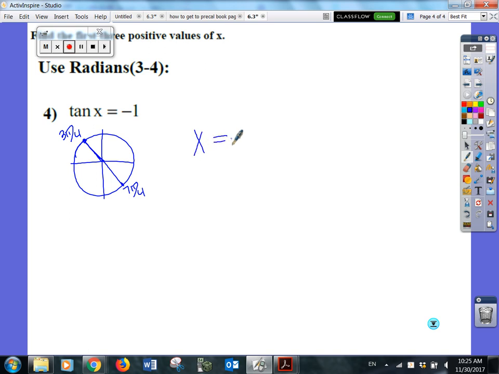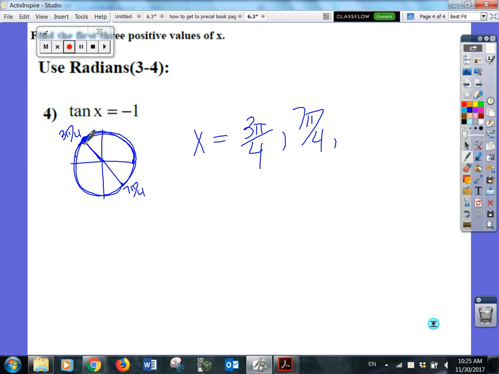So our first value is 3 pi over 4. That's the first time, starting at 0. Our second positive, 7 pi over 4. And then our third positive, if we kept going, we end up right back here at 3 pi over 4, but after a full rotation.